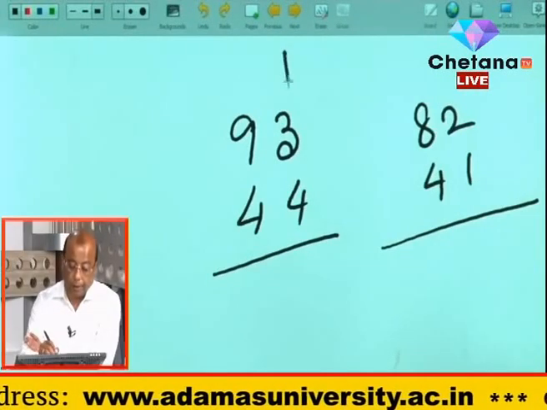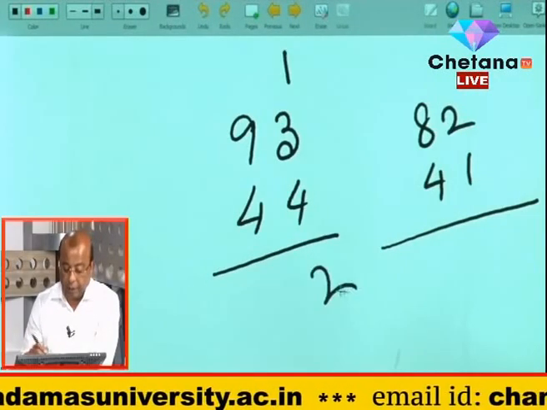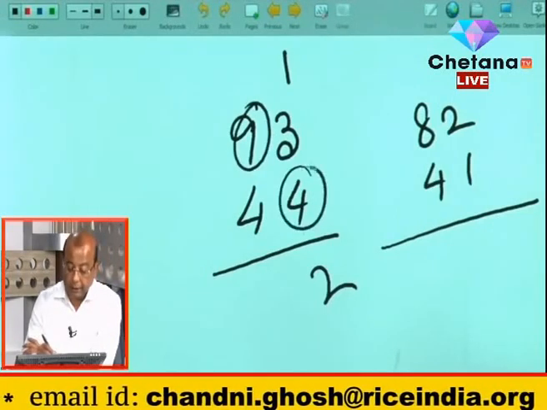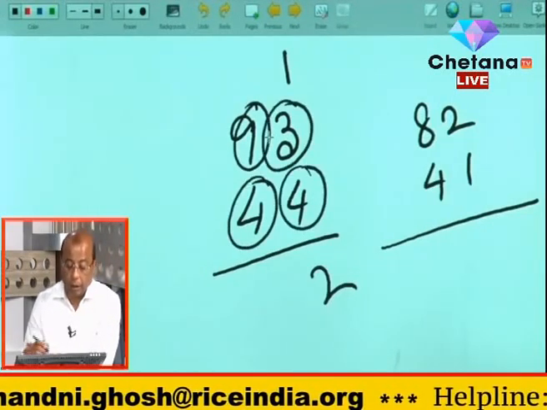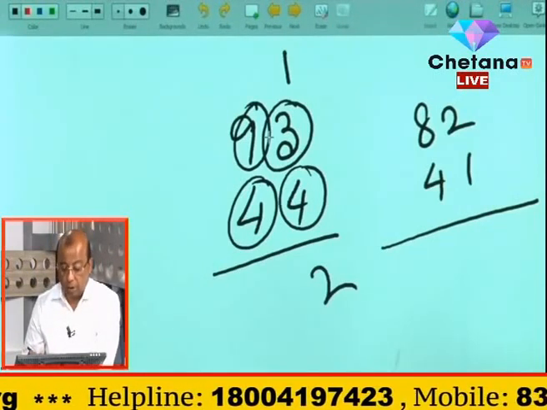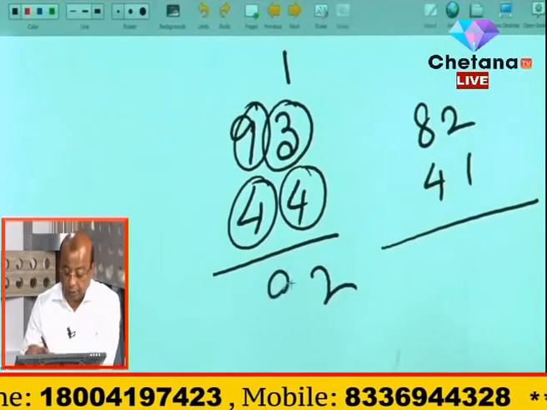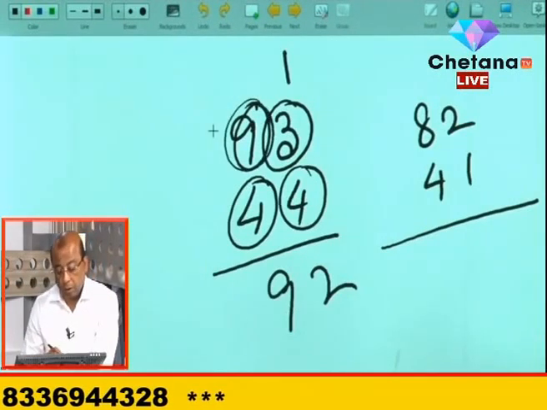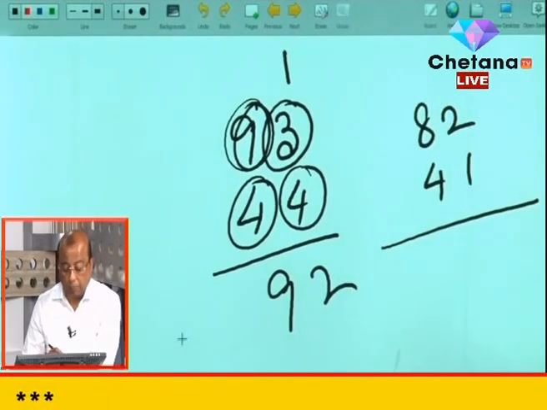Straight. 3 into 4, 12, 1 in hand. 9 into 4, 36 plus 12, 48 plus 1, 49. 4 in hand. 9 into 4, 36 plus 4, 40.